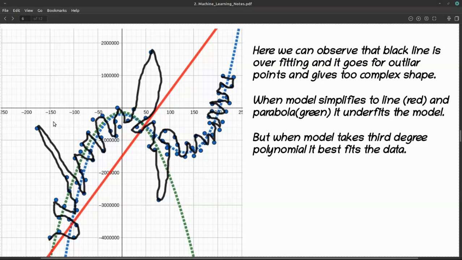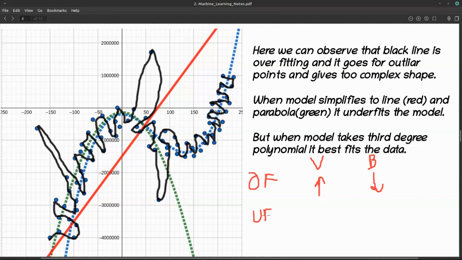And it's not handling this outlier point. So this is nothing but high variance and overfitting. In overfitting, the variance is very high, and the bias is exactly the opposite: if you have very high variance, then the bias is low.